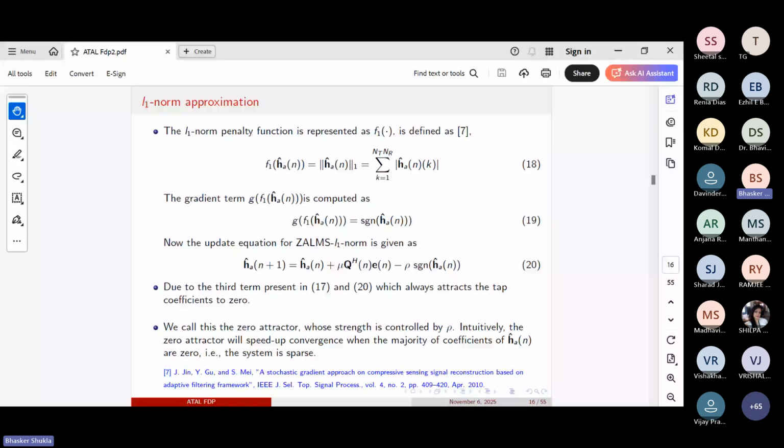Means if the element of this vector is close to 0, then this part makes them 0, and overall sparsity will increase, and hence this zero attractor term increases the convergence rate of the overall algorithm. Is it clear? It will be clear.